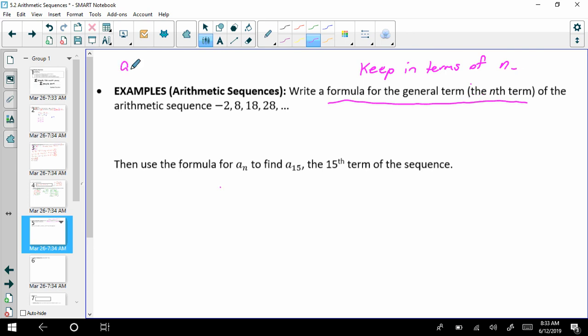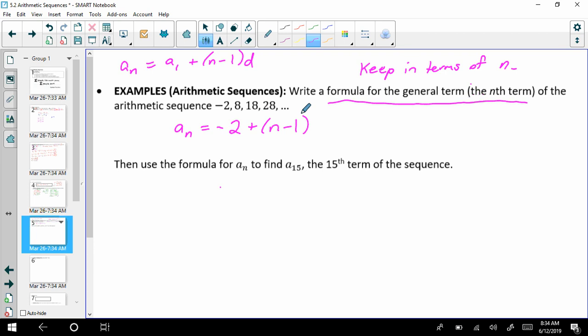So real quick, let me write down, here was our formula. So let's see what we can substitute in. So a sub n equals, what would I substitute in for a sub 1? Well, it's my first term, and the first term in my sequence is negative 2. I'm leaving n as n.